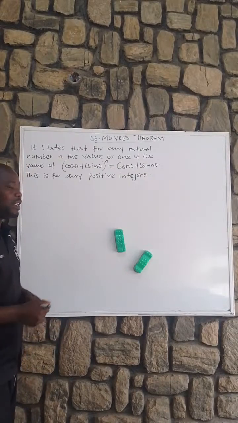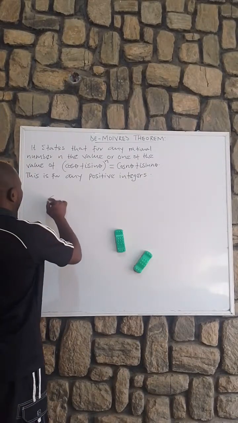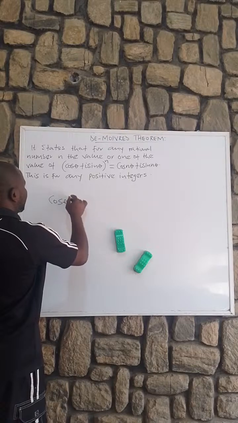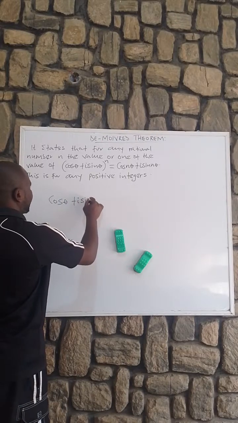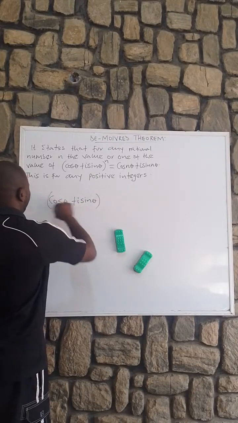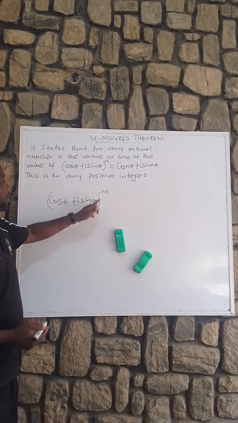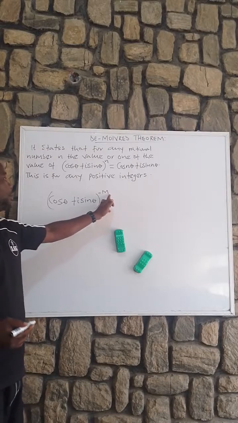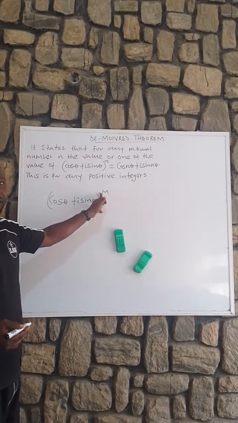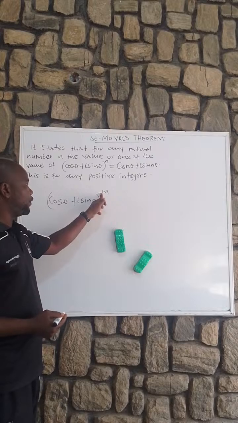Then what if it is a negative integer? It means cos theta plus i sin theta raised to the power of minus n. You can know that this is a negative integer because the operation here is negative, true or false?